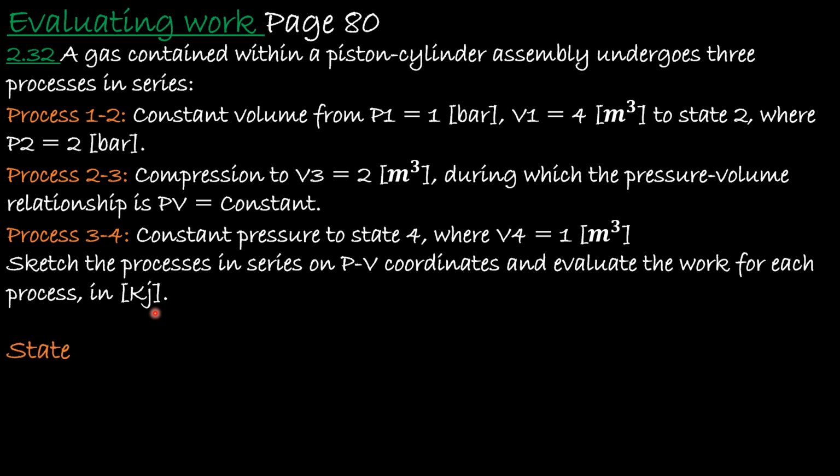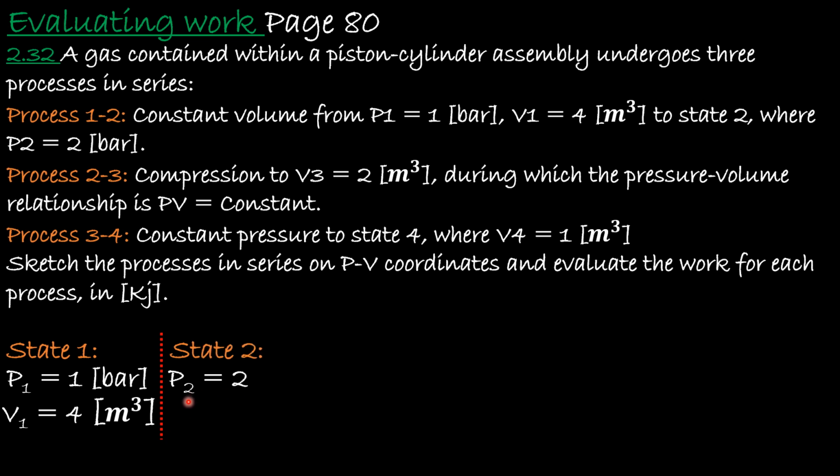All right, so at state 1, the pressure of the gas is 1 bar and its volume is 4 meter cube. For state 2, the pressure is equal to 2 bar, and the volume of the gas at state 2 is 4 meter cube. Remember, it's a constant volume process, same volume.